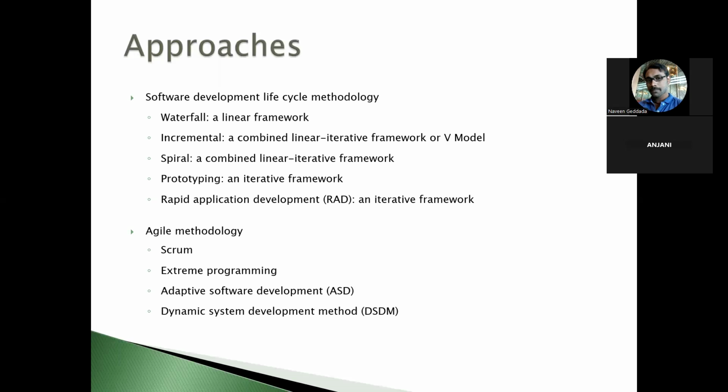Scrum is one of the processes, and extreme programming is one of the processes, and then ASD, which is adaptive software development, and then the next one is DSDM, which is dynamic system development method. Among all these processes, most of the organizations, or we can say 99% of the companies, are going to follow the process called Scrum.